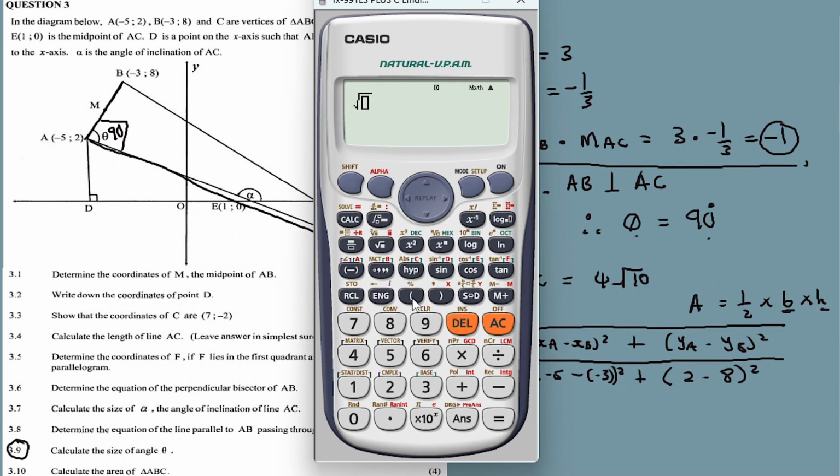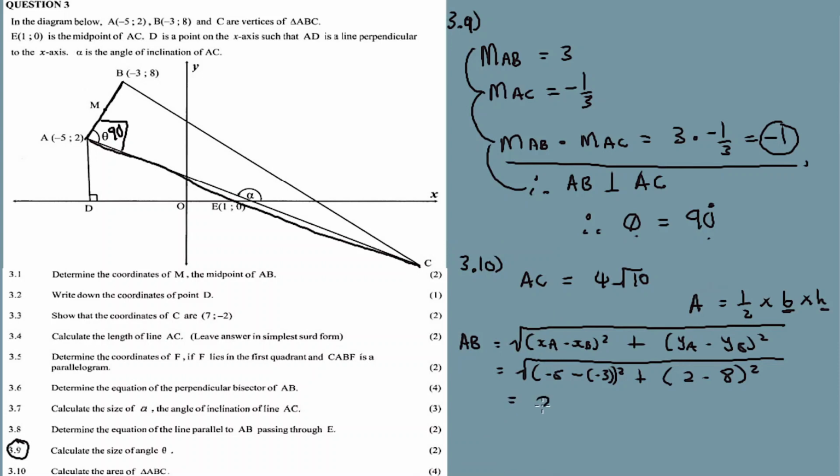As you calculate masinya, negative 5 negative 3 squared plus 2 minus 8 squared. Ngithola u2 square root 10. So ngithola u2 square root 10. Therefore, area is equal to half. What is the base?